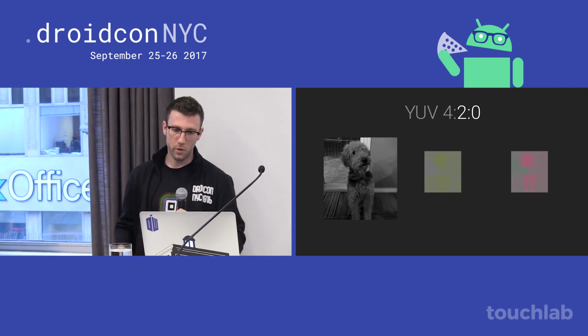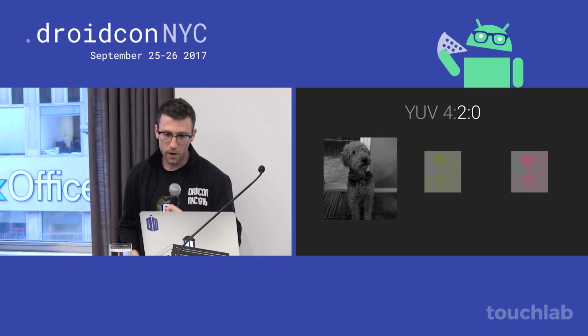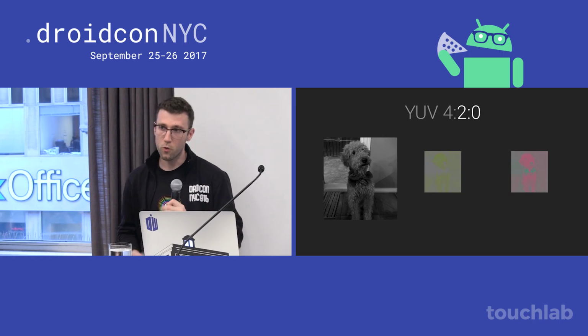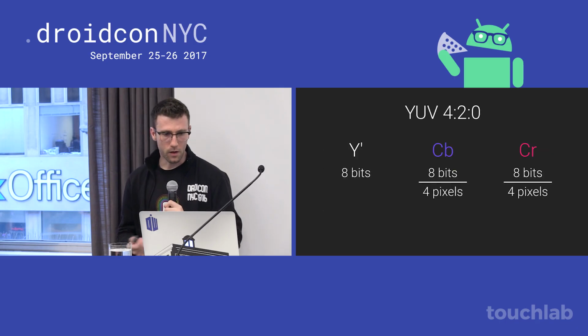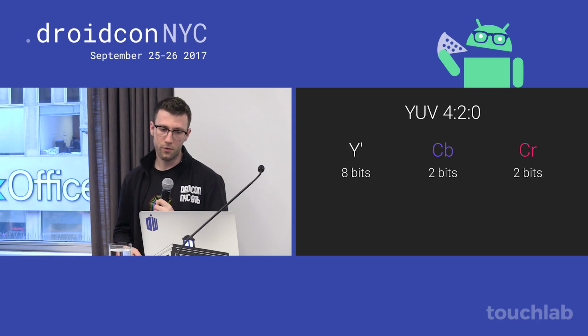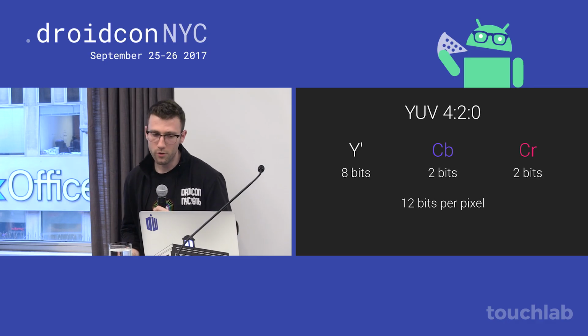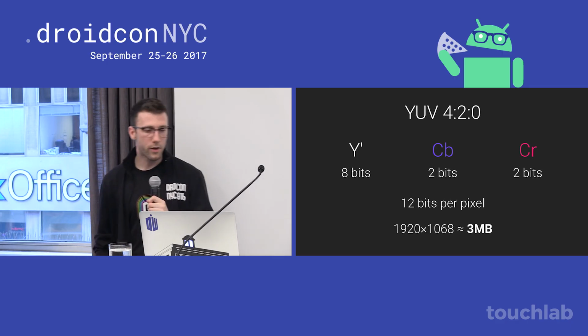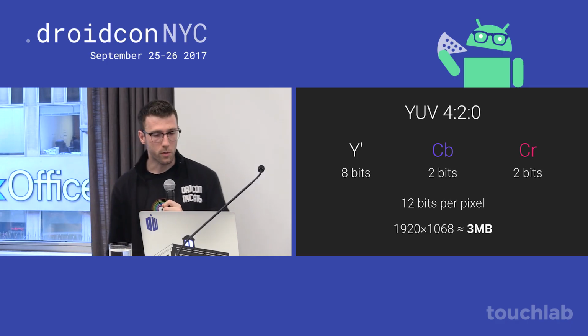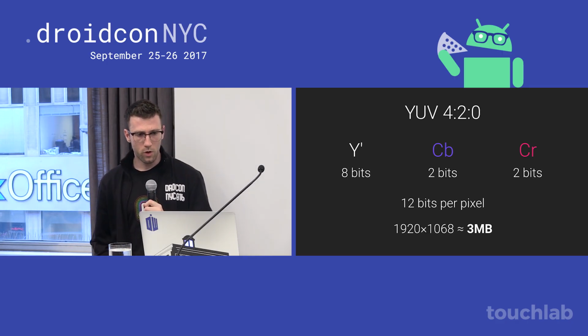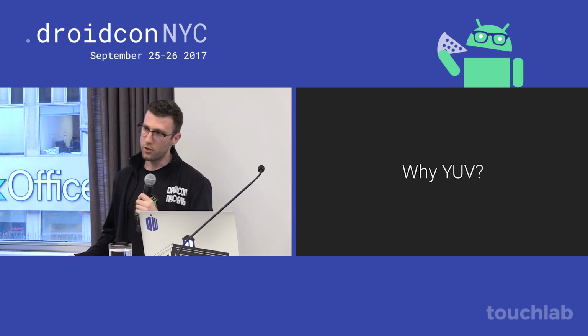So with 420, we have half vertical resolution, and now every color sample is used to color 4 pixels in a 2x2 grid. How this works out is that every pixel has 2 bits of CB and 2 bits of CR, still with full resolution luminance. So we have 12 bits per pixel, and our 1920 by 1080 image is 3 megabytes. That was exactly the same as RGB 444.